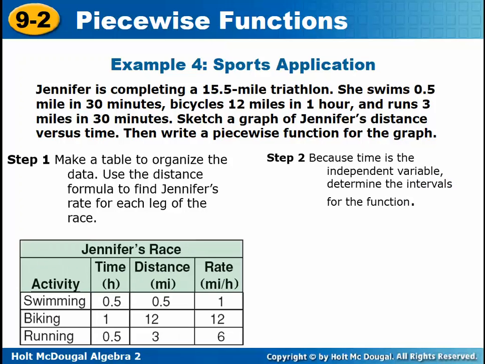In this situation, we have Jennifer completing a 15.5-mile triathlon. She swims 0.5 miles, so that's right here, in 30 minutes.